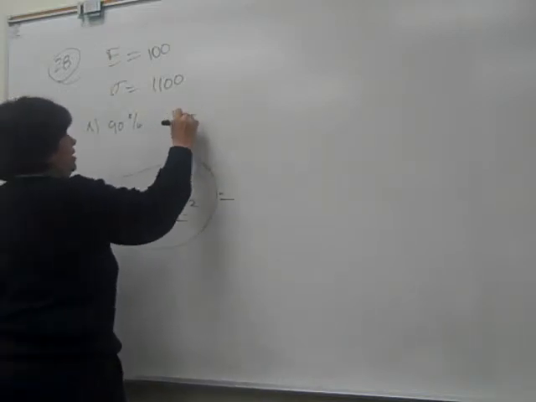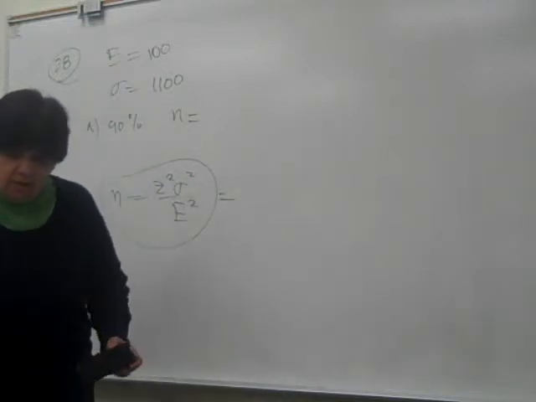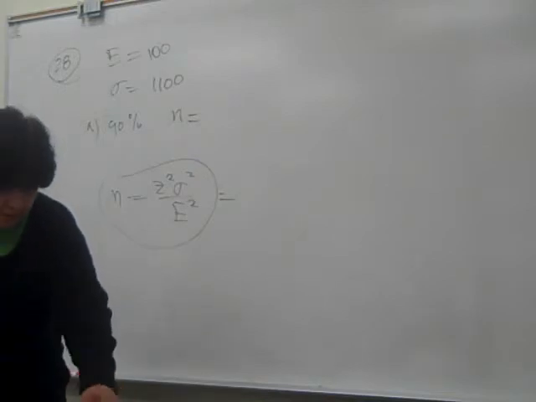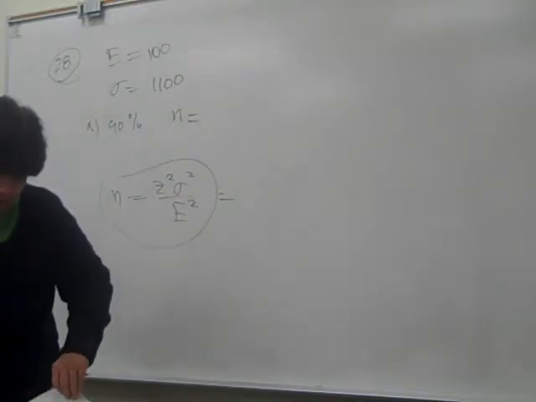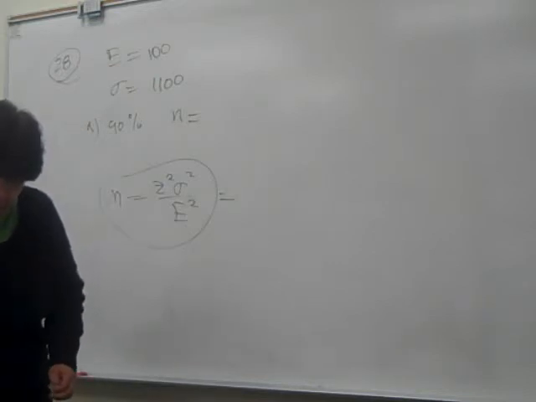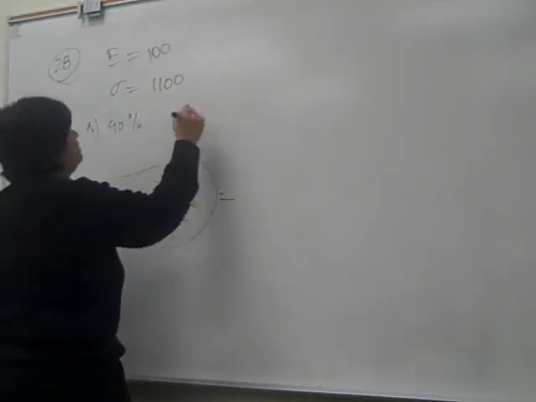My n is equal to z squared. What is the z for the 90%? Go again to the table. The table is on page 313. For 90%, my z is 1.645.